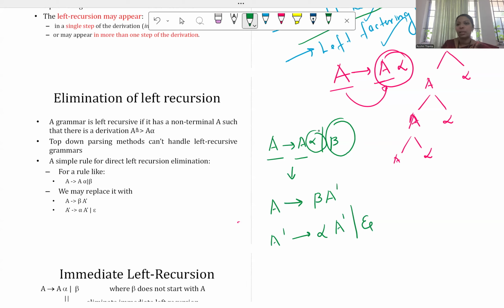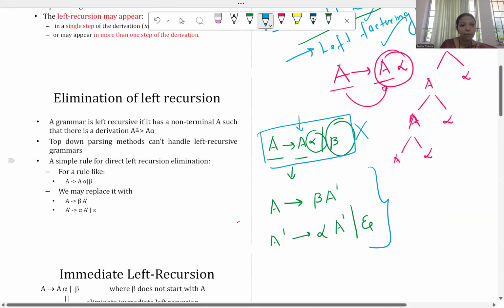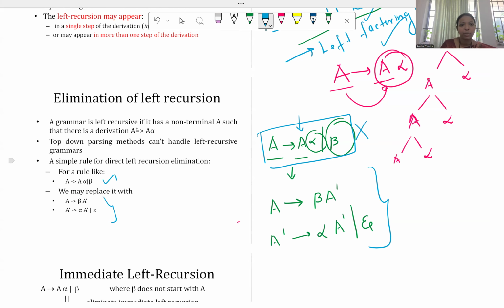Epsilon is the empty string. So now you can see from here, this production which has left recursion is now converted to this. So hereafter, don't use this production. Instead, you use these two productions in the grammar. So that is what is explained here. If you have a rule like this, it will be converted into this. The same thing which I have explained to you is given here.